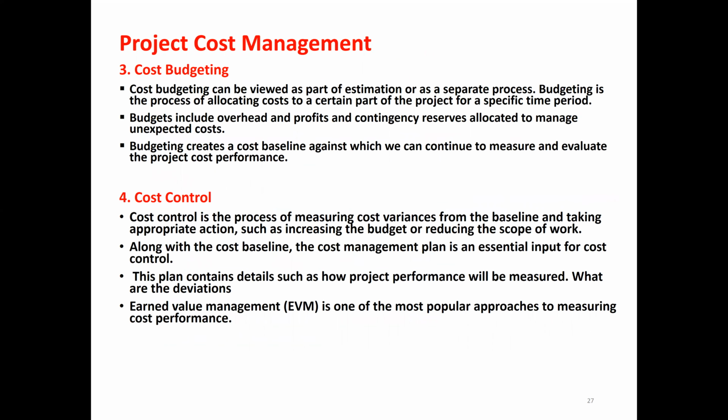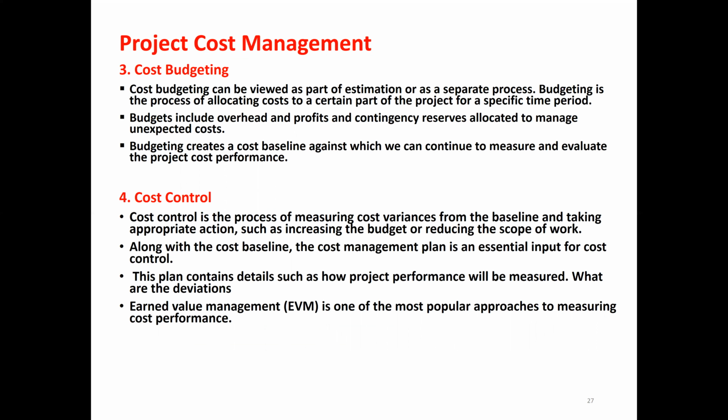Now, once we have the estimate, we make the cost budgeting. Cost budgeting can be viewed as part of estimation or as a separate process. Budgeting is the process of allocating cost to a certain part of the project for a specific time period. Budgets include overheads and profits, and contingency reserves allocated to manage unexpected cost.